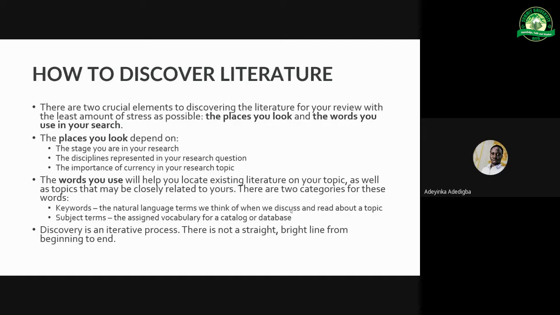All right, so now the place you look depends on the stage you are in your research, the discipline represented in your research, and the importance of currency in your research. So there are some search engines, like somebody had rightly asked, and I'm still going to talk about it. Google Scholar is like a marketplace.